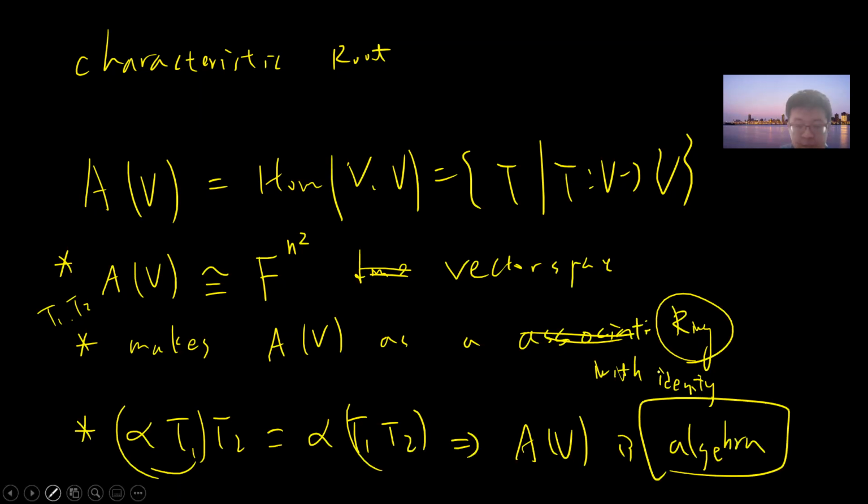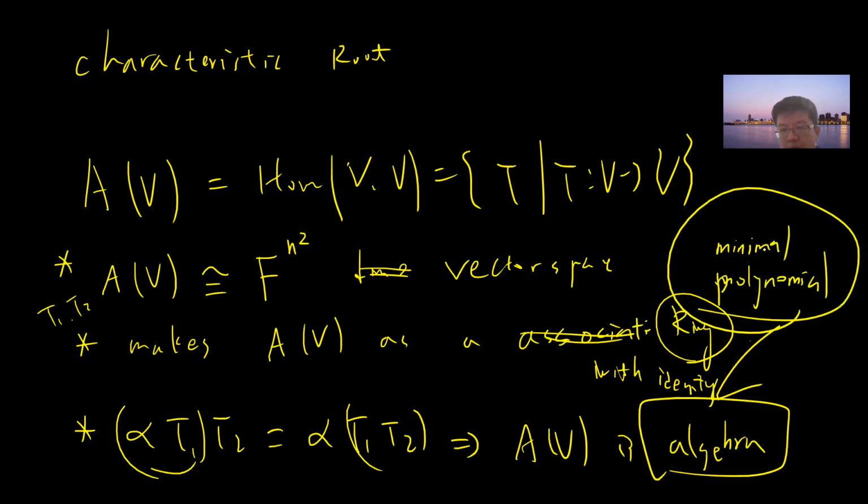So the idea is that this L(V), in the finite dimensional vector space, is finite dimensional and is also an algebra. So one can use the polynomial idea, and from here think about the so-called minimum polynomial.